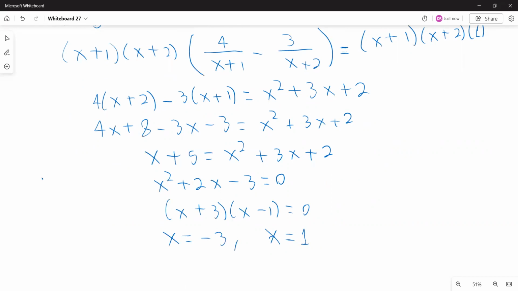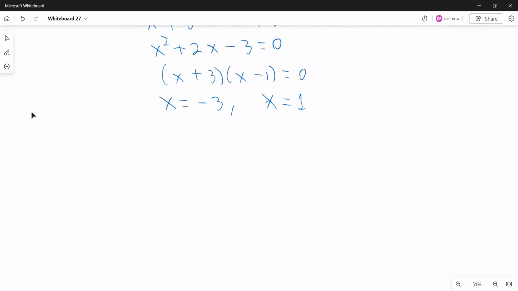But we're not done yet. We need to check them. There are definitely solutions of the resulting quadratic equation, but we need to check them in the rational equation. So if we check -3, we have 4 over -3 plus 1 minus 3 over -3 plus 2 equals 1.